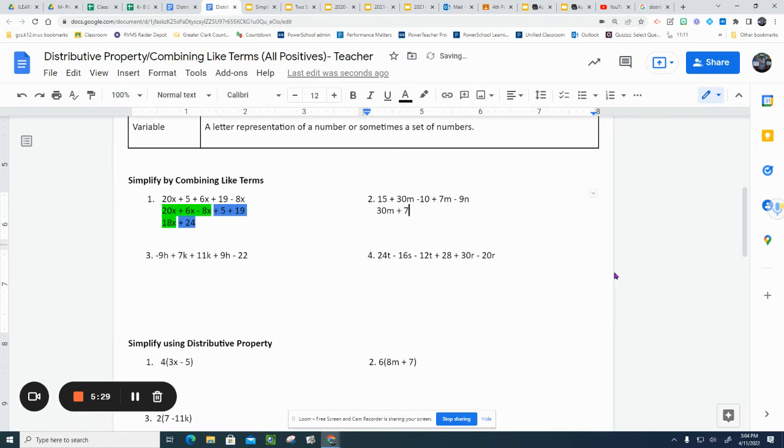Plus 7m, and then there's the n, minus 9n. Now I bring down the other ones that do not have any variables, which are my constants, plus 15 minus 10. And you are going to combine those as well.